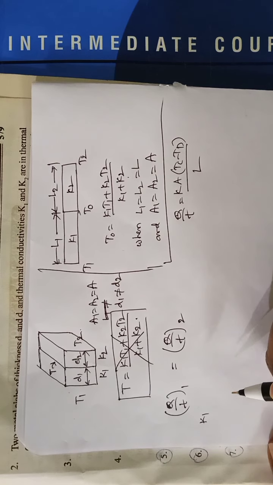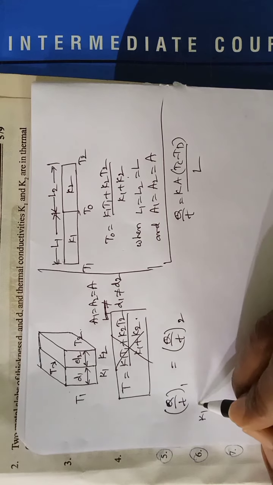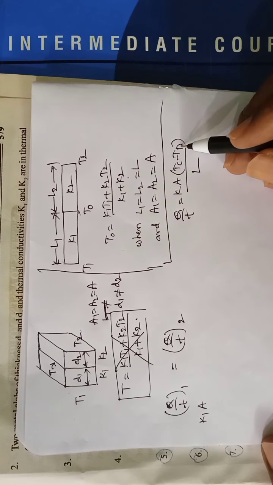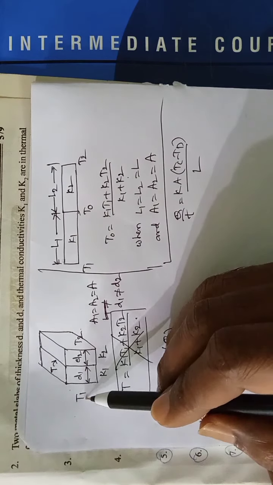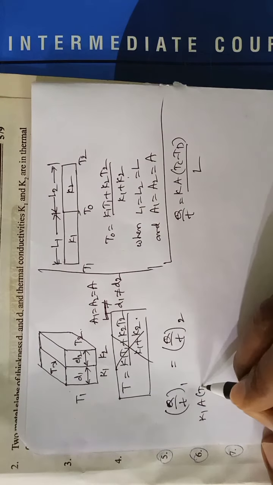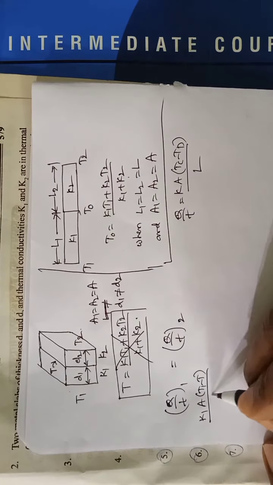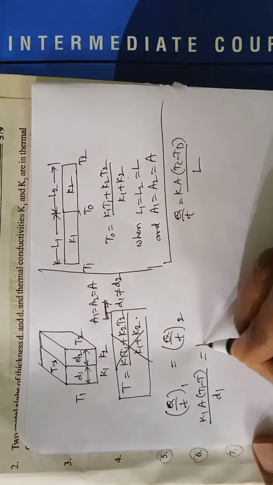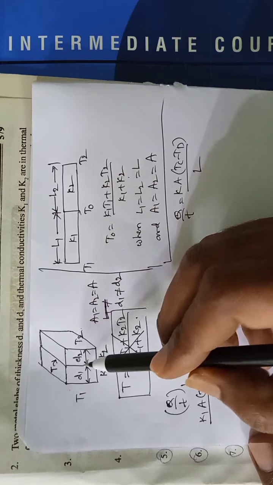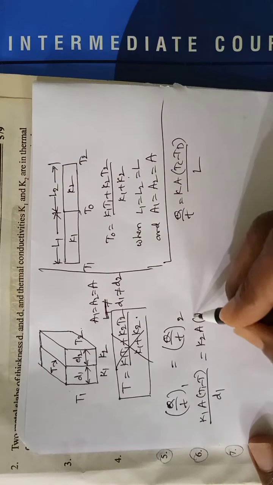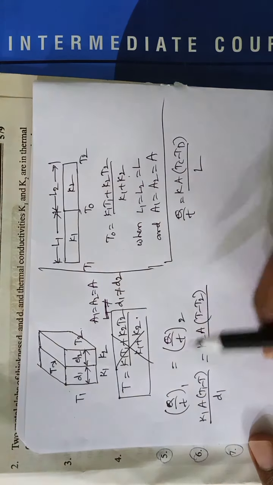Therefore here cross sectional area A, Tc minus Td means this temperature minus this temperature, T1 minus T divided by L. Length is D1. Now K2 A, temperature, this temperature minus this temperature, T minus T2 by length D2.